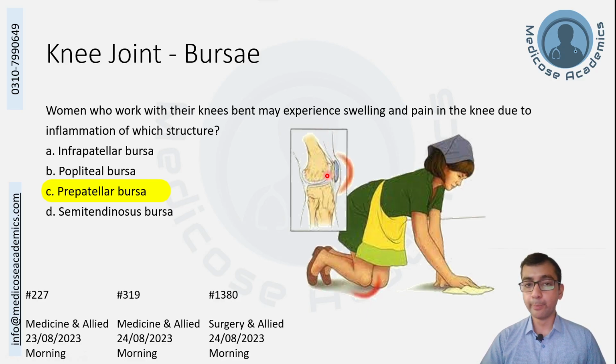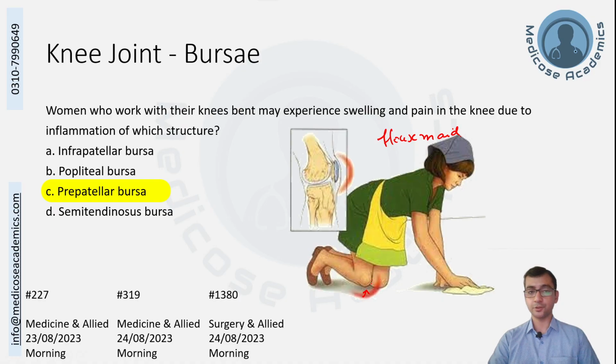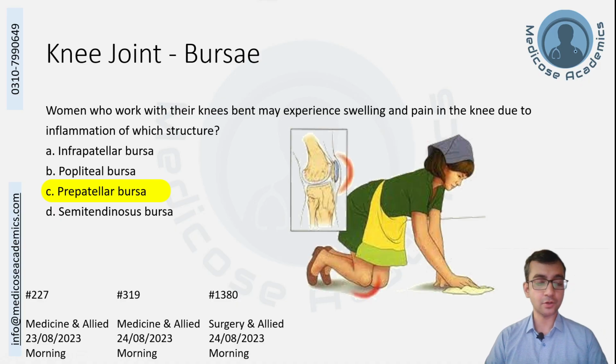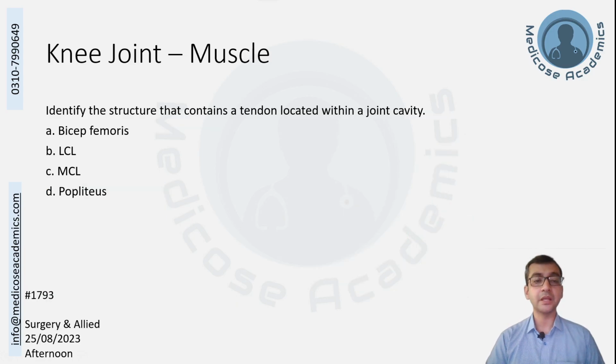So the bursa that is present in front of the patella, that is prepatellar bursa, is most commonly inflamed, and that is known as housemaid's knee. That is known as housemaid's knee because the housemaid spends a lot of time in this position when cleaning the floor, leading to the inflammation of the knee joint. To be more specific, inflammation of prepatellar bursa.